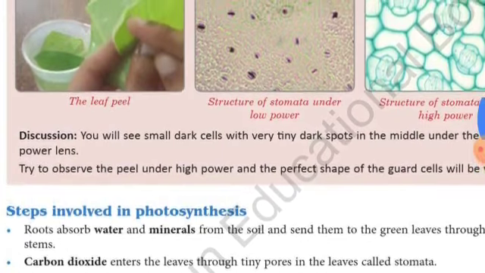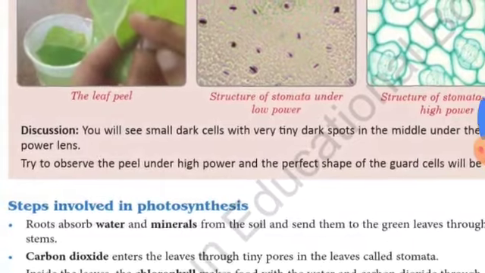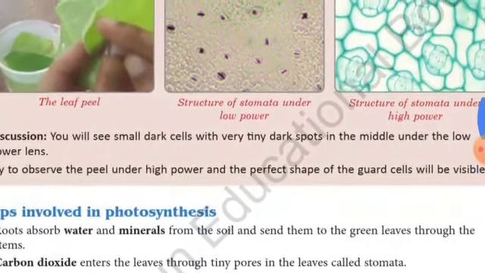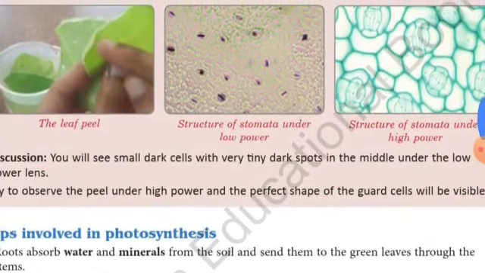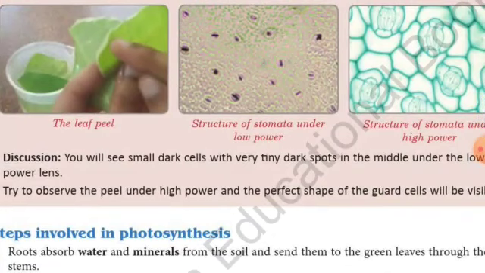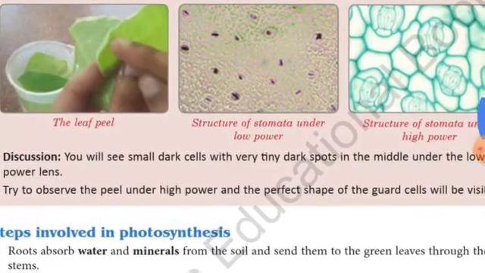It takes place mainly in leaves. So leaves are considered the food factory or kitchen of the plant. In leaves, not only chlorophyll but stomata are also present. Stomata help in gas exchange, and the opening and closing of stomata is controlled by the guard cells.